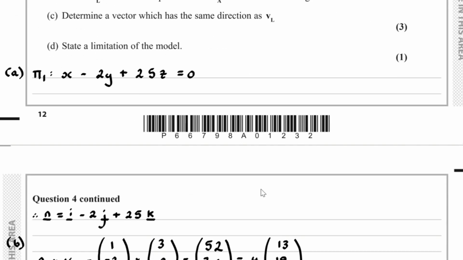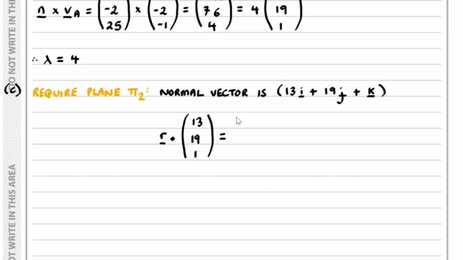That's (3, minus 2, minus 1). And then this will be dotted with our normal vector (13, 19, 1).